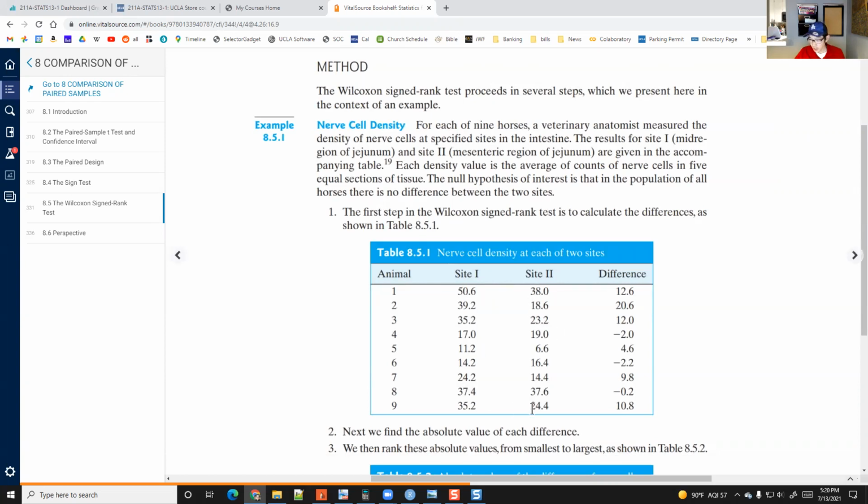And again, this is paired data because we're not taking measurements of 9 horses over here and measurements from 9 different horses. We're basically taking 2 measurements from the same horse.